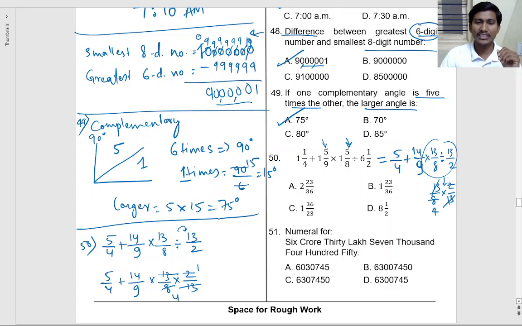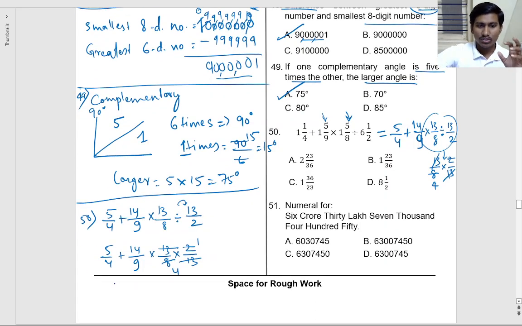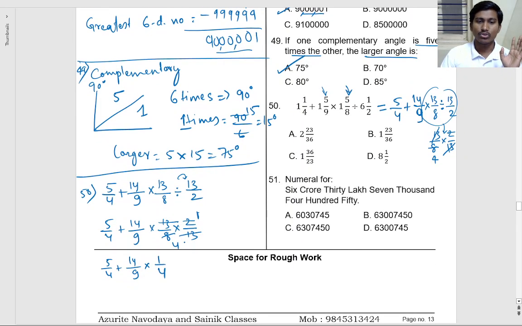So what will be remaining here? If you do 5 by 4 plus 14 by 9 into 1 by 4, the 4 is in the denominator, so 1 in the numerator and 4 in the denominator remains. So 1 by 4. For 4 and 9 into 4, what will be the LCM? 9 into 4 will be the LCM here.